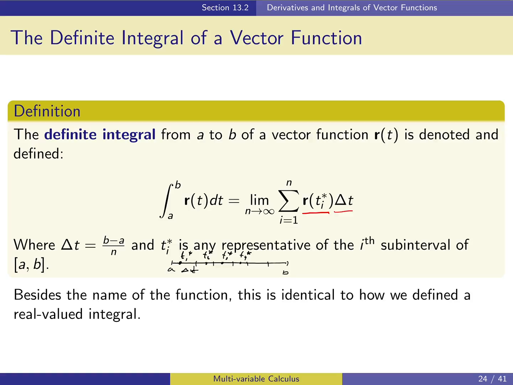If we want the actual value of the integral, we take the limit as the number of subintervals in our subdivision goes to infinity, so we take smaller and smaller subintervals. Do note again that this is identical to how we defined the real valued integral, so you can go back and connect this with how you learned that.